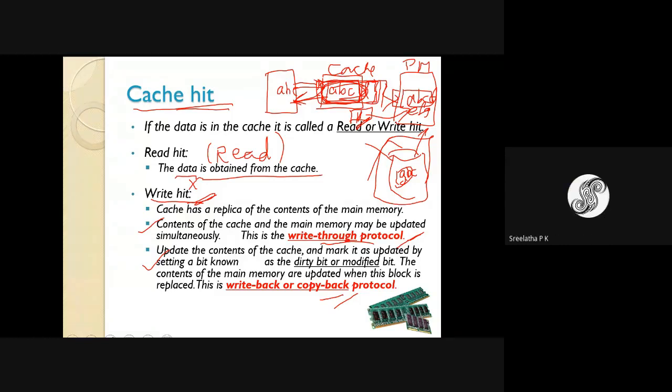Yes, ma'am. Okay, good. Suman Kumar, can you tell me what is cache memory? It is used to store the processed data. Processed data means, like next time if we load the same data, it won't take time to load.